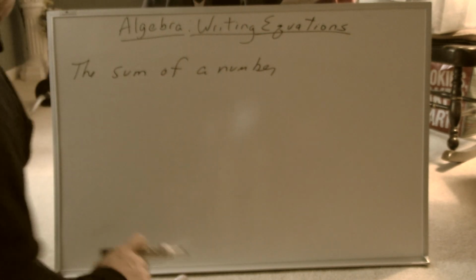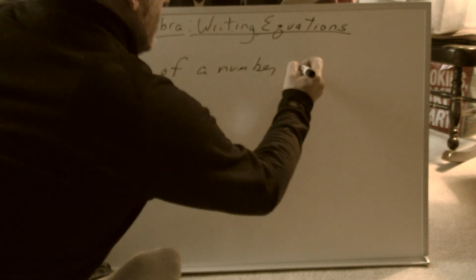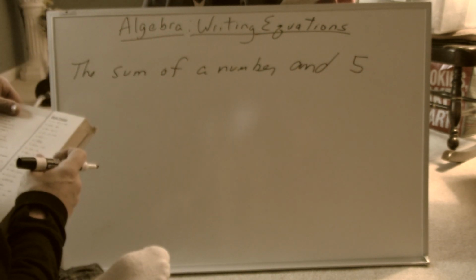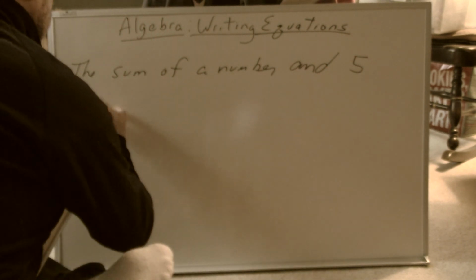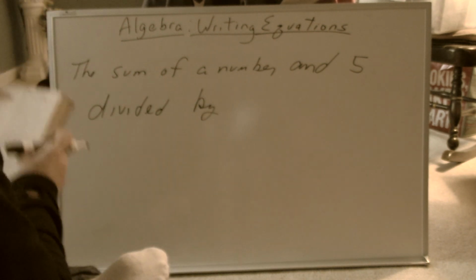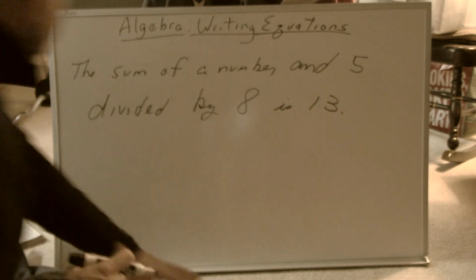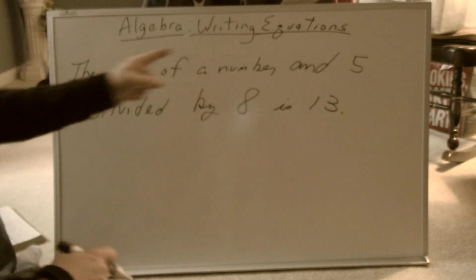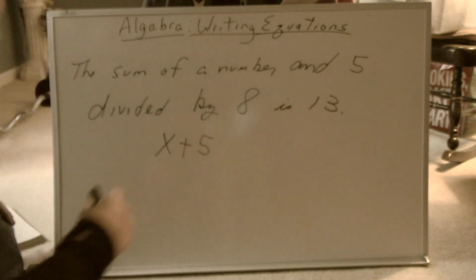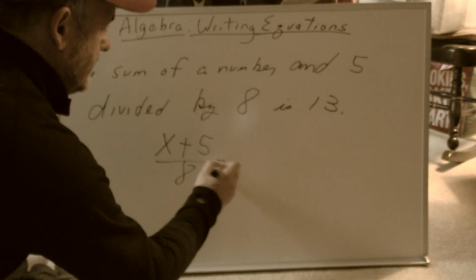The sum of a number and 5, divided by 8, is 13. Okay. The sum of a number and 5. So that's addition. A number, I keep putting x, and that's okay. The sum of a number and 5 divided by, we put the line, 8 is 13.